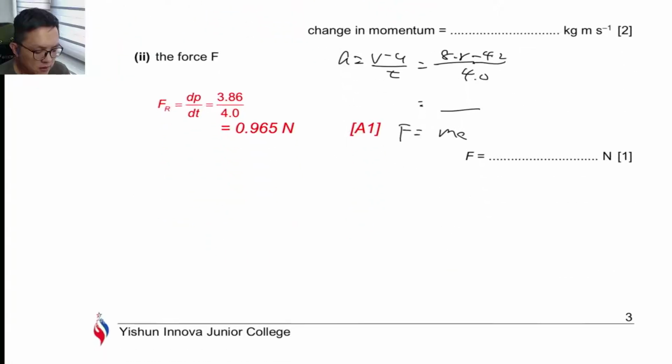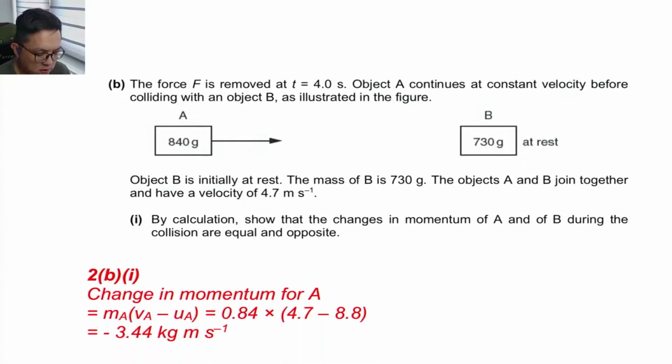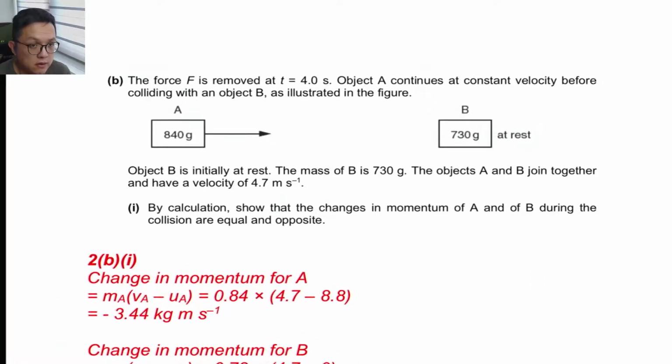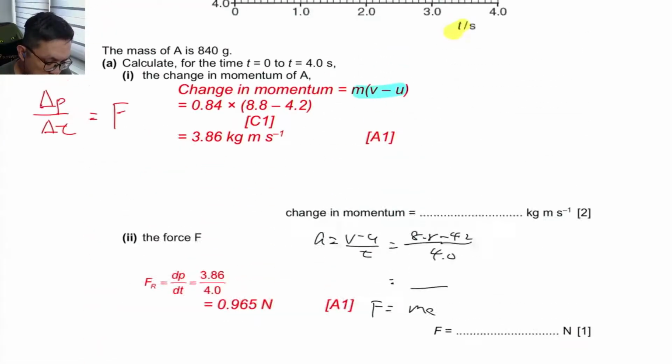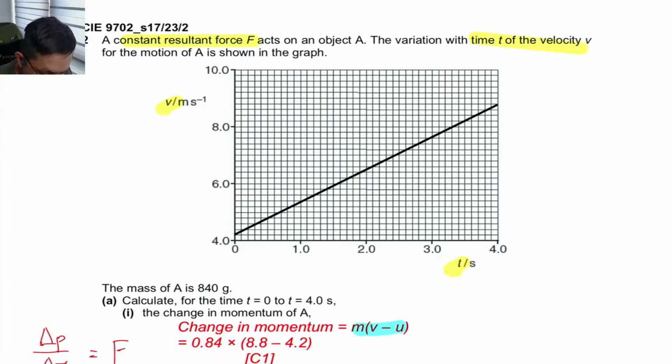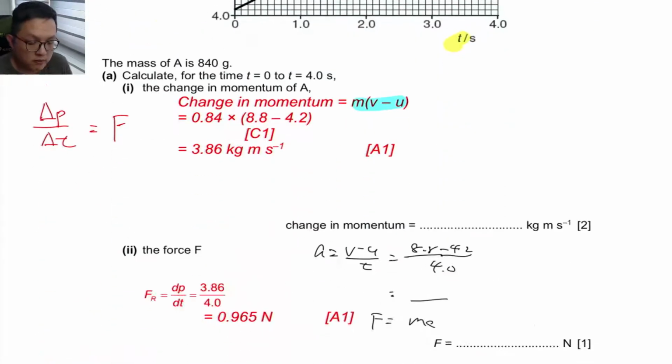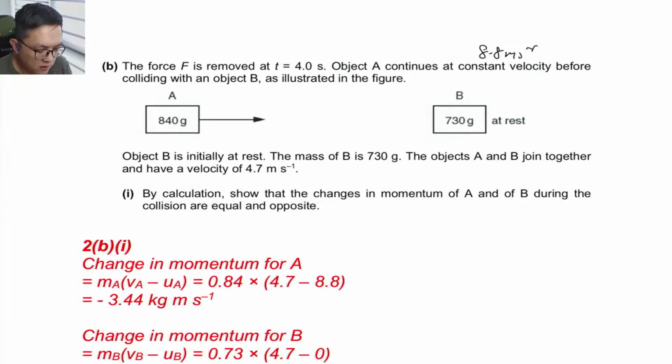Okay, next. Two objects. Force is removed at 4.0 seconds, so object A remains at constant velocity. This constant velocity is at 8.8 meters per second. Let me double check. 4 seconds. Yeah, 8.8. So let's just write it here. This UA is equal to 8.8 meters per second.